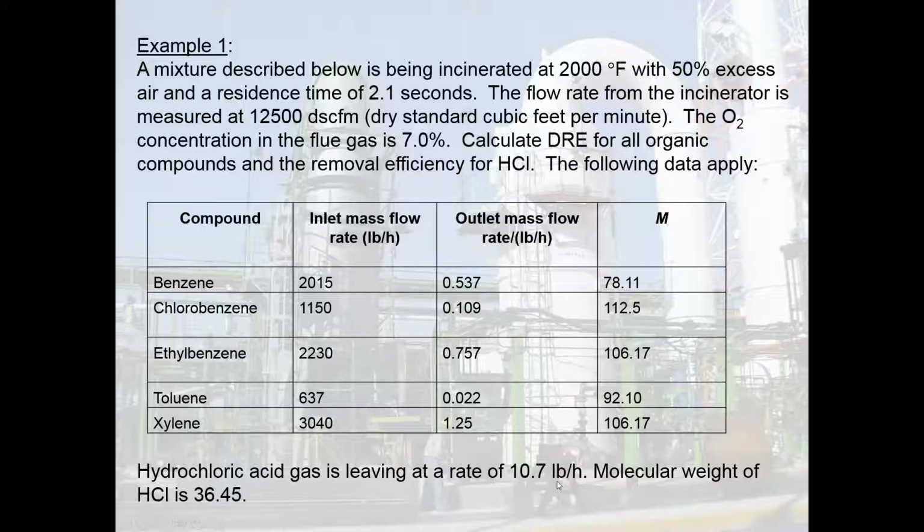And then it also gives us the molecular weight of hydrochloric acid, as well as some of the molecular weights of the other constituents. So let's take a look at the problem.